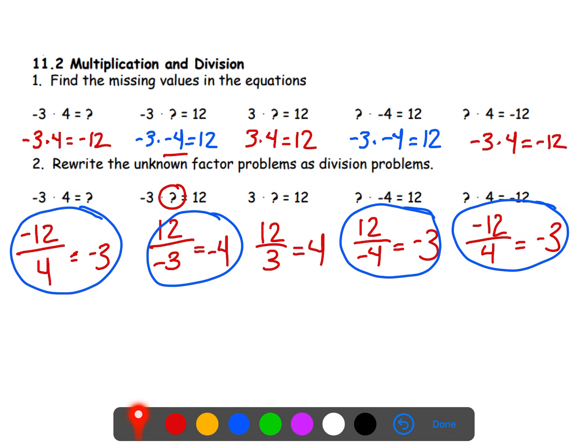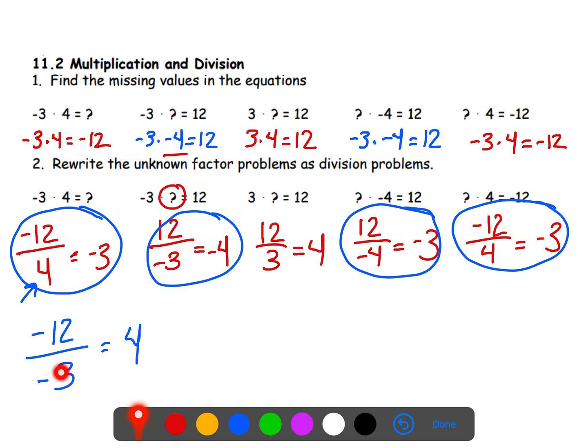We're going to take negative 12 and divide by the other factor. Instead of dividing by 4 like we did here, we'll divide by negative 3. Now we're dividing two negative numbers. Our dividend and our divisor are both negative, and we know it's going to equal the other factor of the problem from up here. So it's going to equal positive 4.